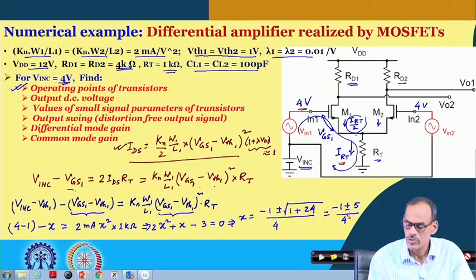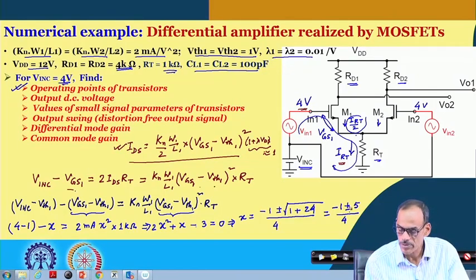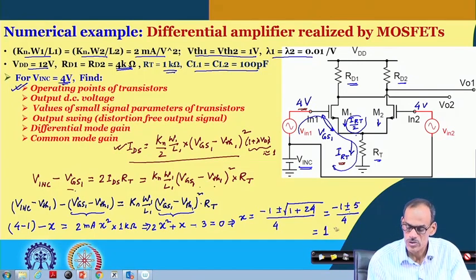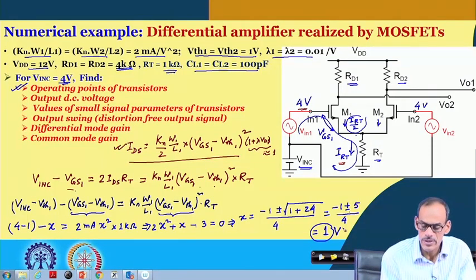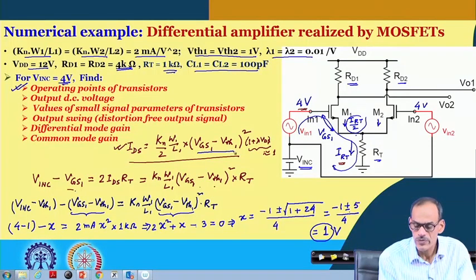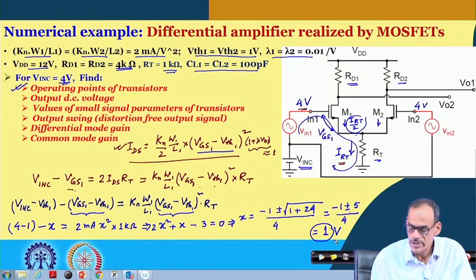Obviously, minus will not be considered because that is not a practical value. So, we will take plus, and this is equal to 1. So, x is equal to 1 volt. That gives us VGS minus VTH is 1 volt, and hence VGS equals 2 volt.